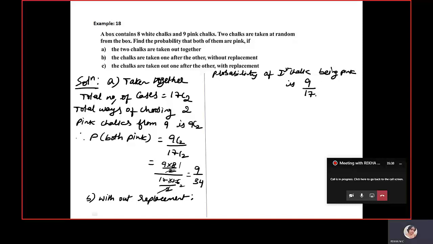It is 9C1 by 17C1. So you'll be getting 9 by 17.